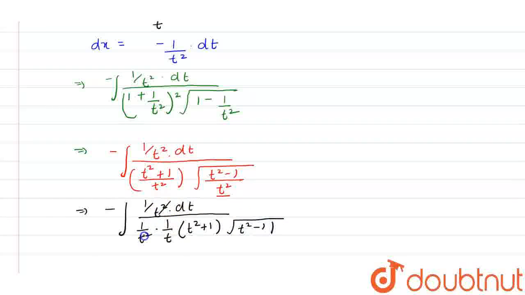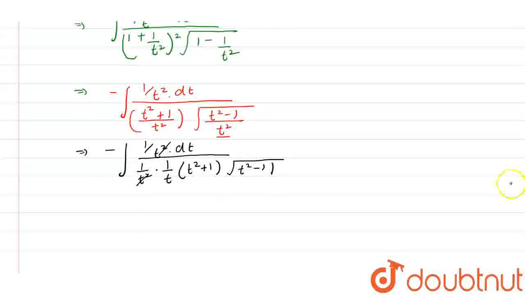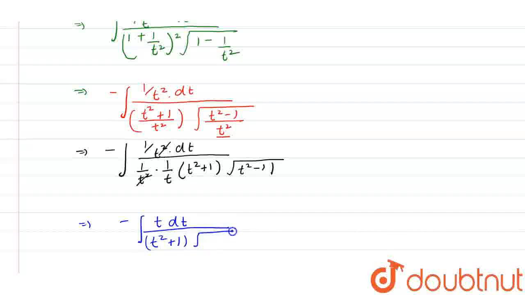Now this t square cancels, and by taking this t in the numerator, we get minus t dt upon (t square plus 1) root of (t square minus 1).